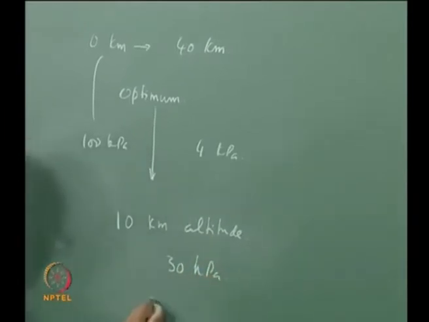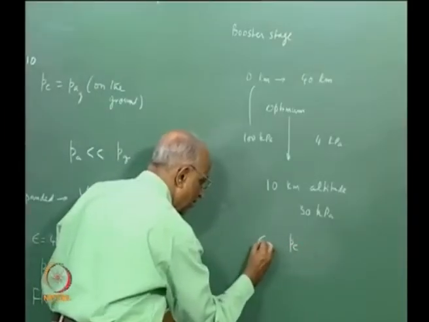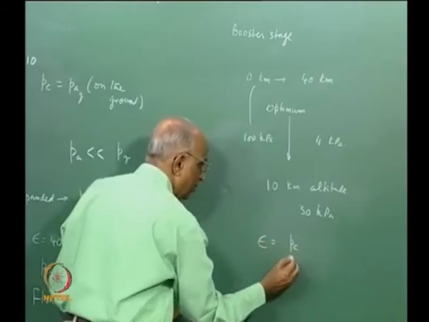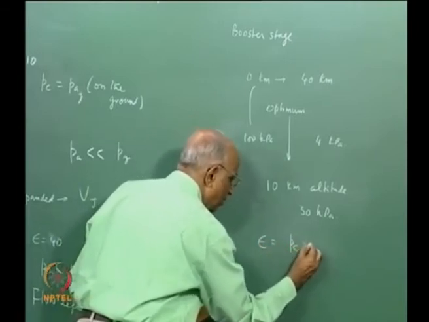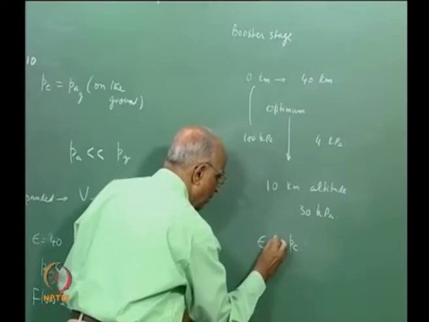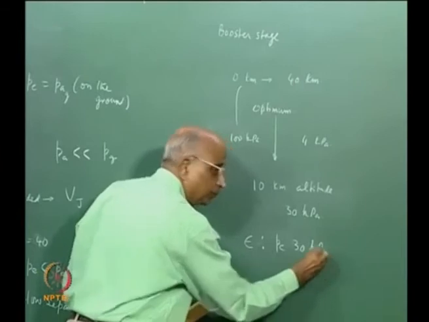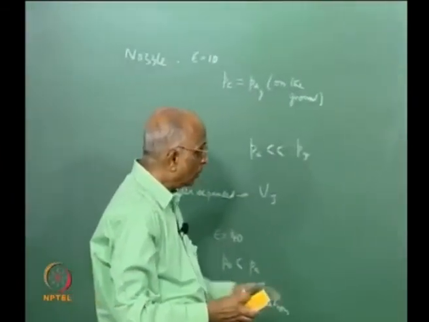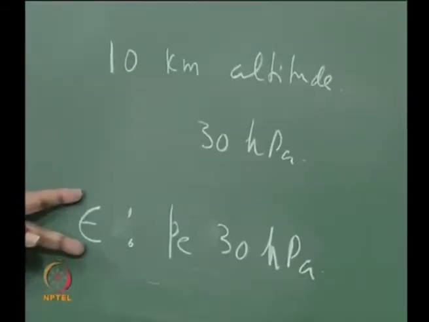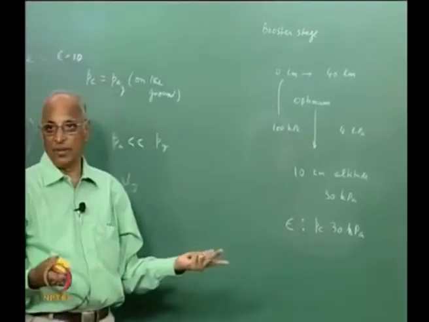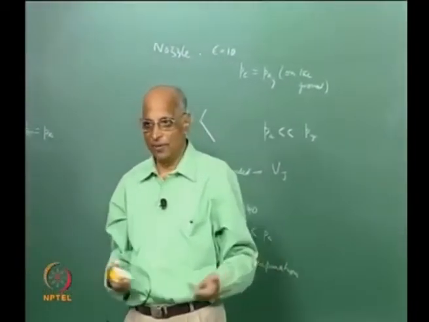That means my area ratio is such that the exit pressure of the nozzle gives me a value PE of 30 kPa. Now this particular nozzle, when the rocket takes off, what will happen? Is it over expanded, under expanded?